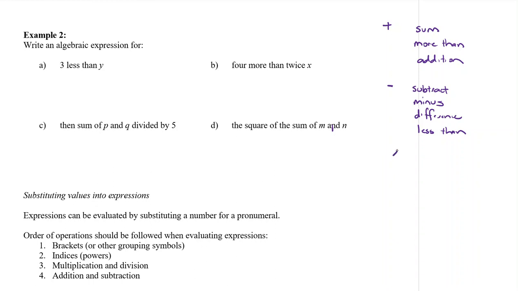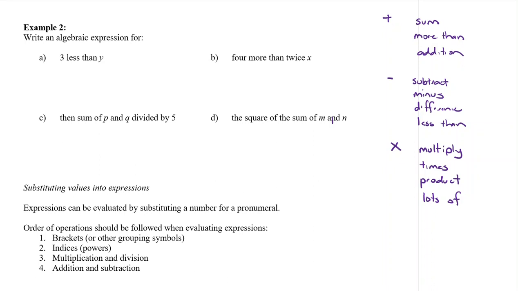Okay? The good old times sign, which is multiply, yeah? Or times. Or product. Product is a good one. Can you think of any others? I guess lots of, that's probably not a very common one. Lots of would mean to multiply.